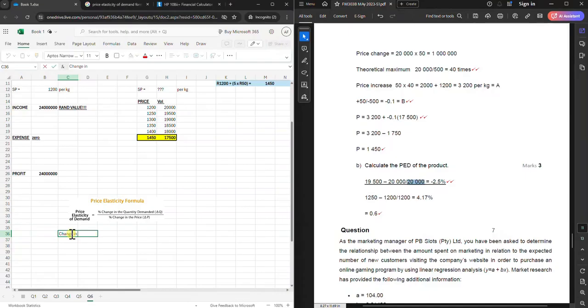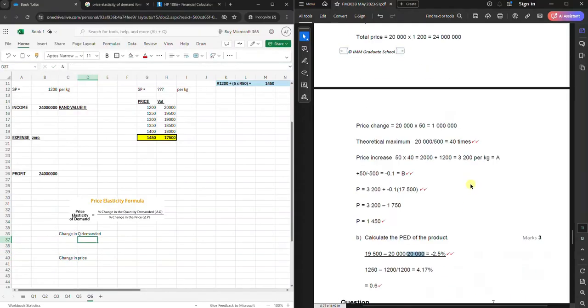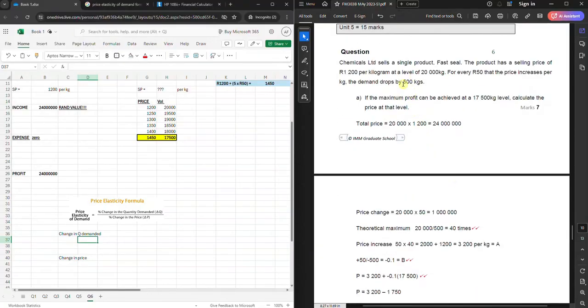Change in quantity demanded. Change in price. Okay, so change in quantity demanded. Let's go back to the top. What was the quantity demanded? It was 20,000, and then it is decreasing by 5 percent. Do you agree? Yes. So 19,500.